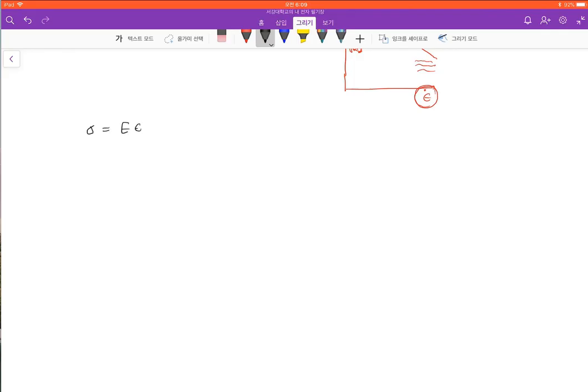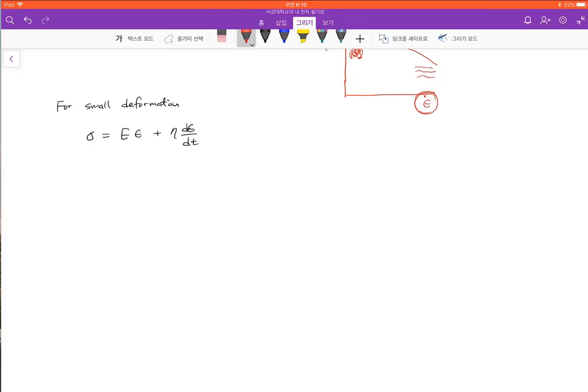So stress can be expressed as strain, this. And this equation holds only for small deformation. If deformation is too large, the polymer sample could break or something like that.